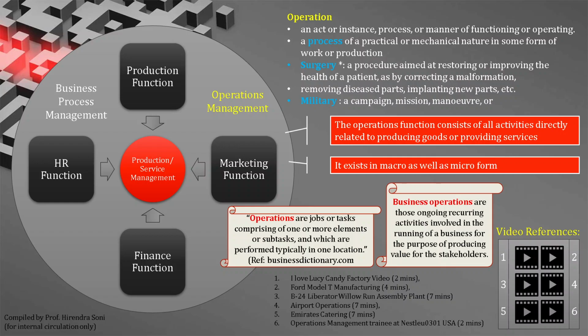Surgery and military we have already talked about. So again, when we look at surgery, there are two aspects to it. One basically talks about a procedure aimed at restoring or improving the health of a patient, as by correcting a malformation, removing a diseased part, implementing new parts, etc. Here also there is an objective of improving the health of the patient, and the activities involved are correction of a malformation, removal of the diseased part, implanting new parts, or different other activities as applicable.